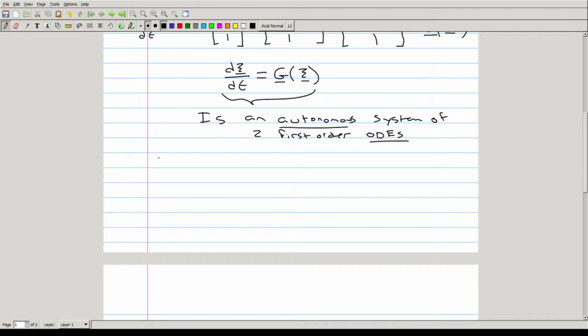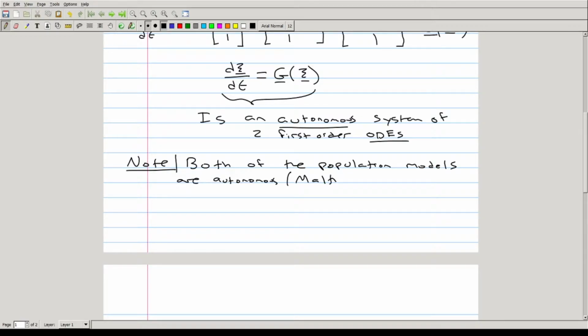And I also want to note that both of the basic population models we've talked about before, the Malthus and the Verhulst models, are autonomous.